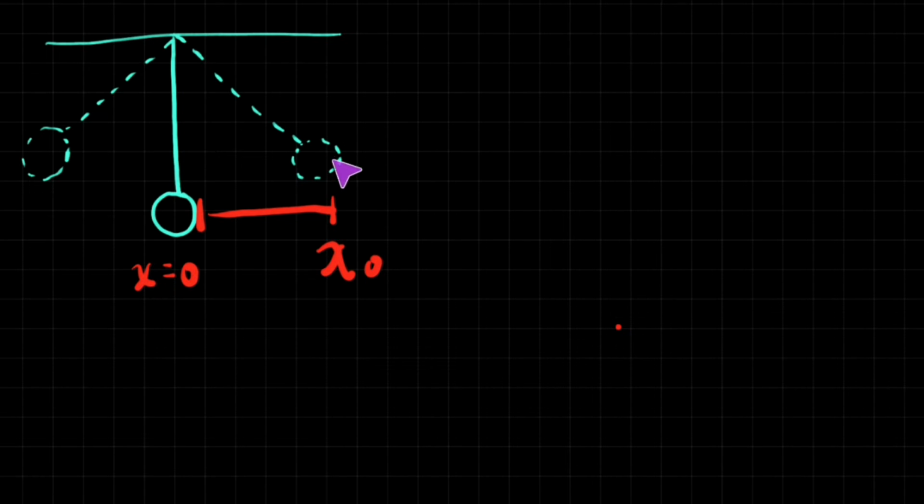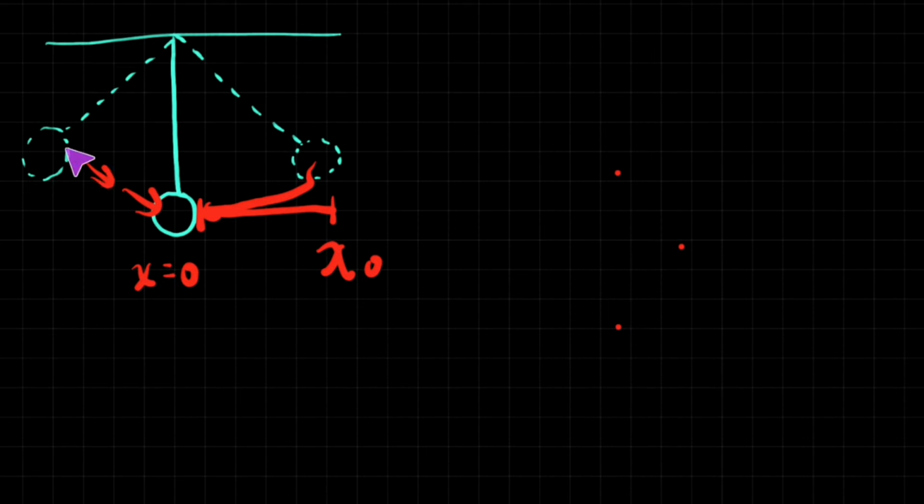When the mass is displaced to the maximum displacement, it will start accelerating more and more until this position. At this position, because it's accelerated so far, it will be at the highest velocity. But because it's at the equilibrium position, the bottommost position, there's no resultant force on it. Then when it passes this through momentum, it's going to start decelerating because the resultant force is going to be like this.